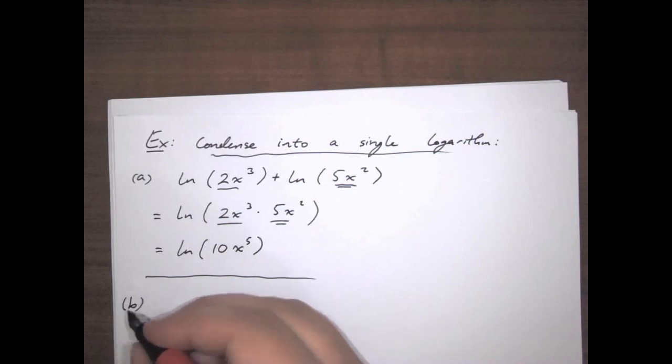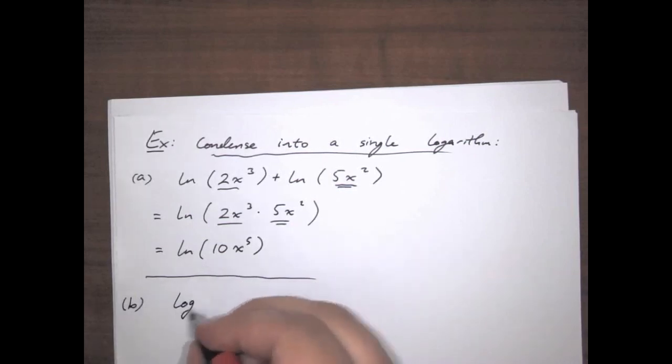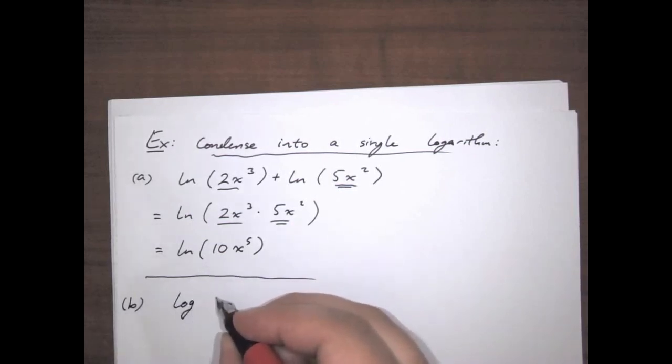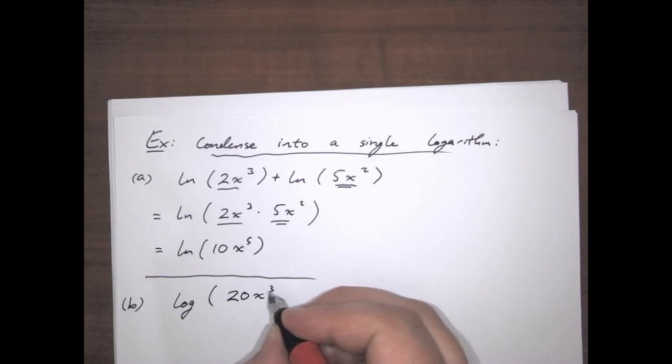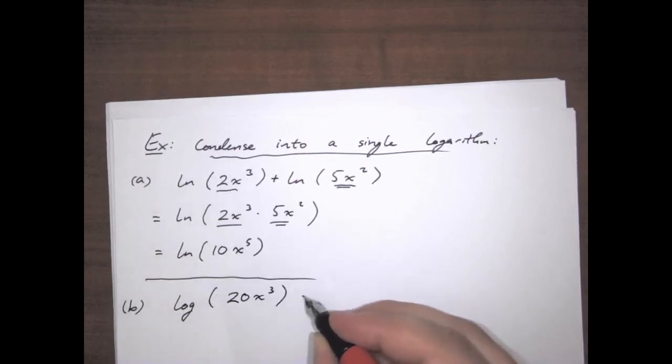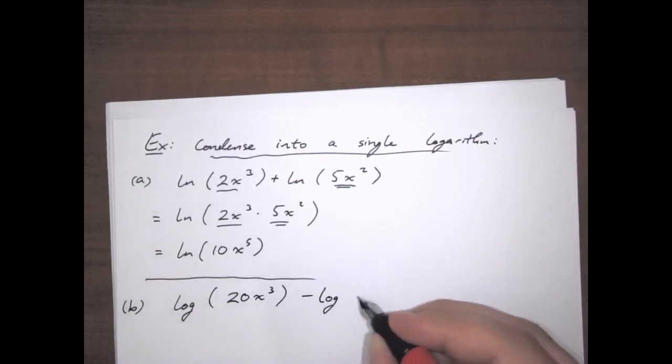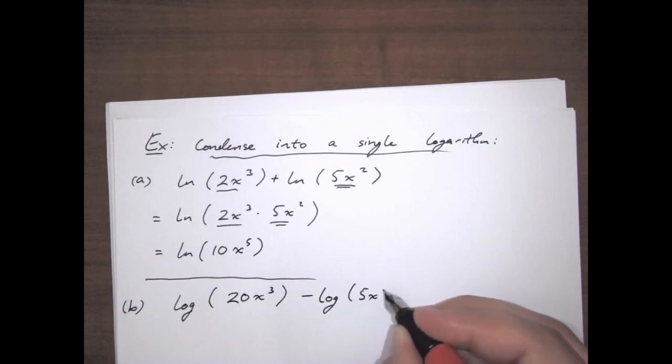Similarly, we could do it with a subtraction. Let's say we had log of, let's just take more or less the same things. One little change, I'll make it 20x cubed minus log of 5x squared.